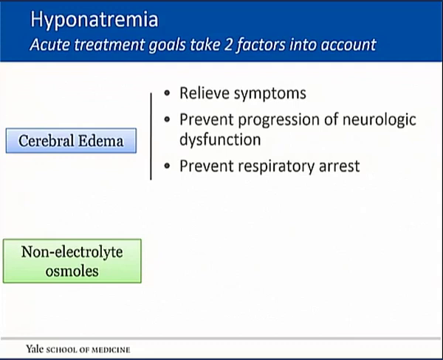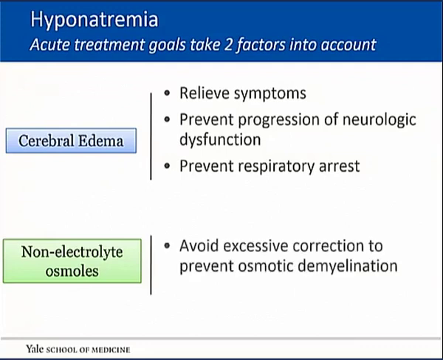The second component is exactly the opposite, taking into account those non-electrolyte osmolytes to make sure that we avoid excessive correction so that we can prevent the syndrome of osmotic demyelination that we'll talk about in a minute.